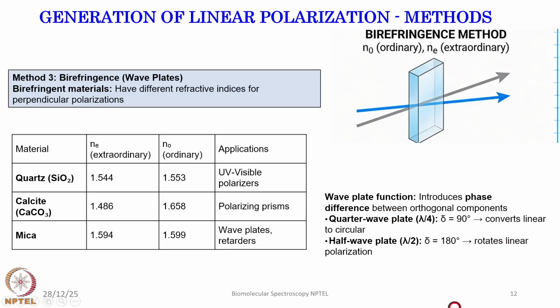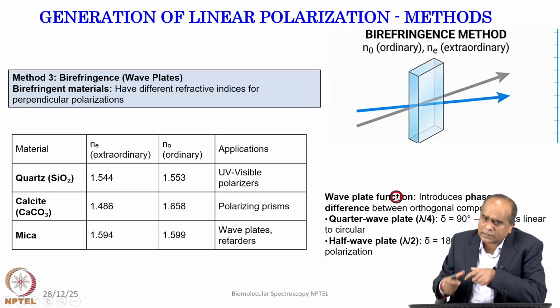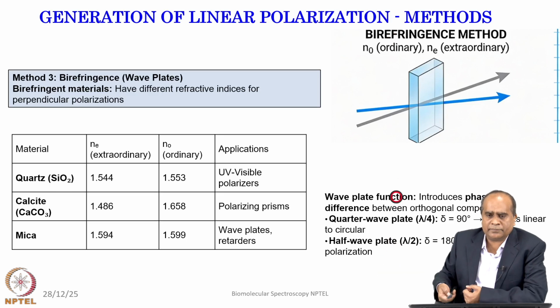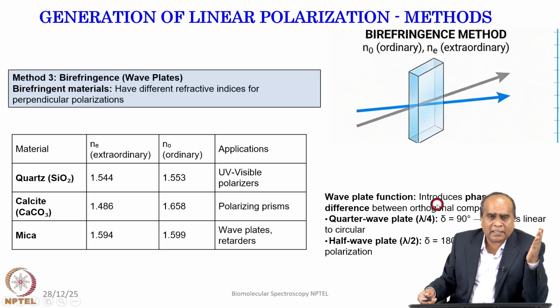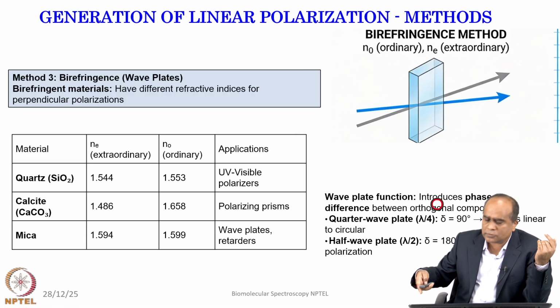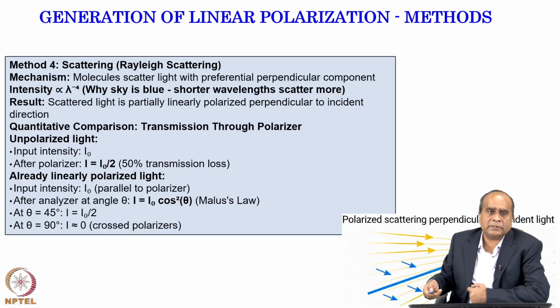So, we can choose the birefringent material which will convert a linearly polarized light to circularly polarized light, or to linearly polarized light in a different direction, with a 180 degree phase shift. So, first we can make unpolarized light into polarized light, and then we can also change the polarization from linear to circular, that is what we see.